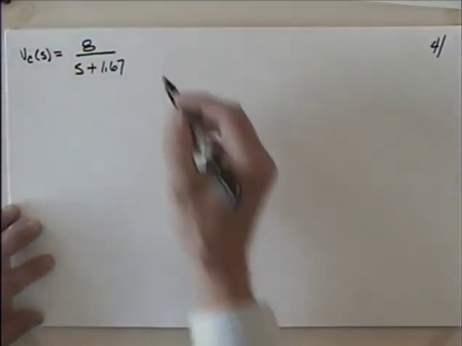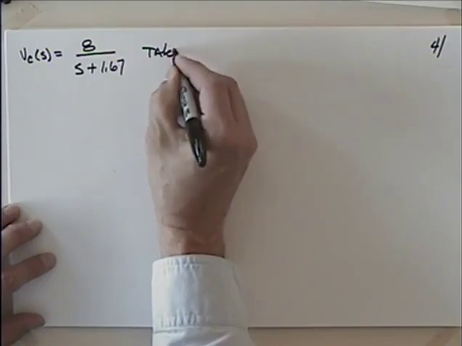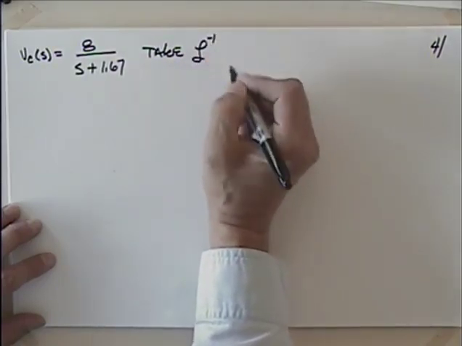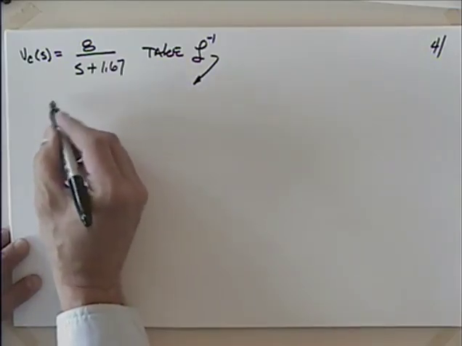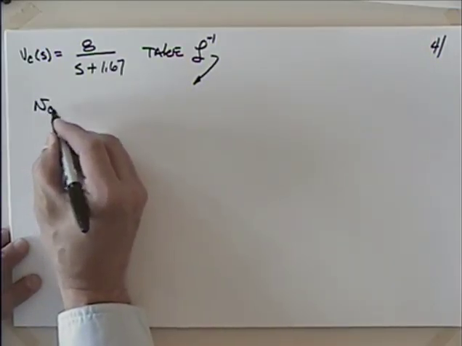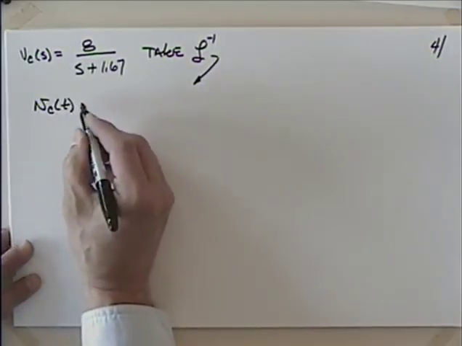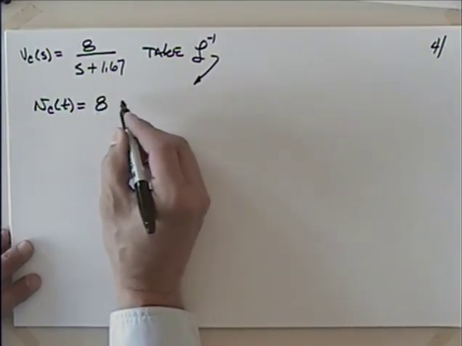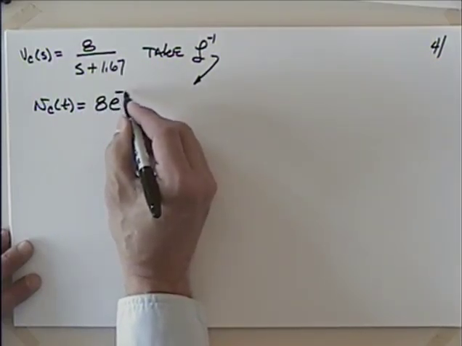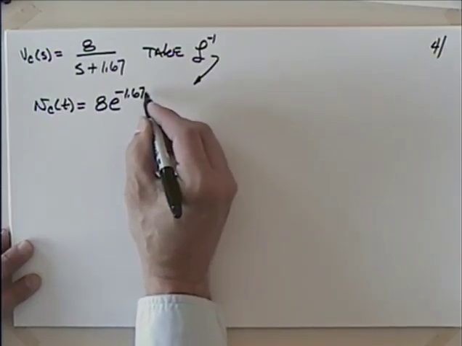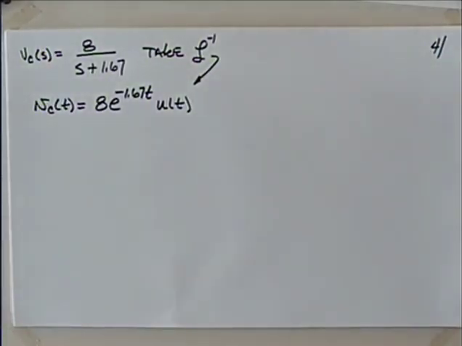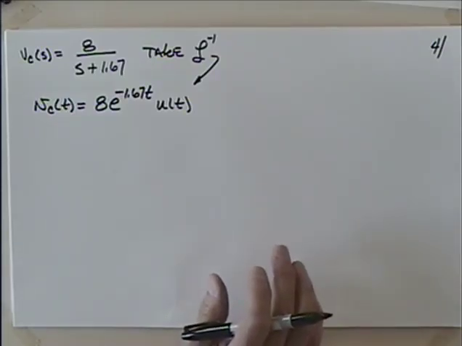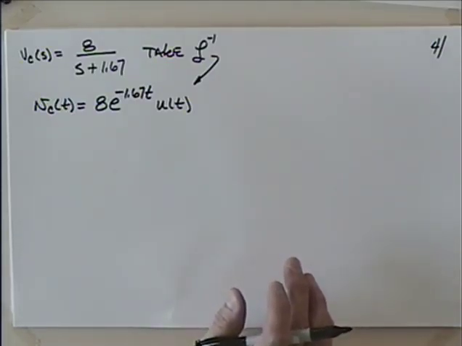So let me do that. Take the inverse Laplace transform of that, and we will end up with, back in the time domain, Vc in the time domain is equal to 8e to the minus 1.67 t, and I've got that u of t trailing along, indicating that that starts when the switch is opened or closed or moved to the new position.